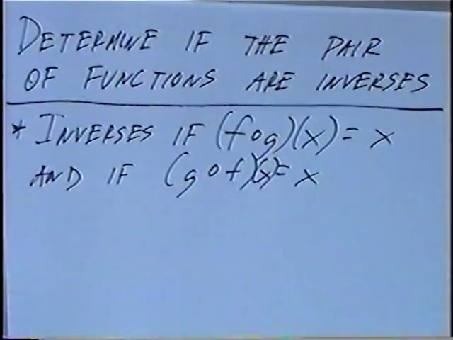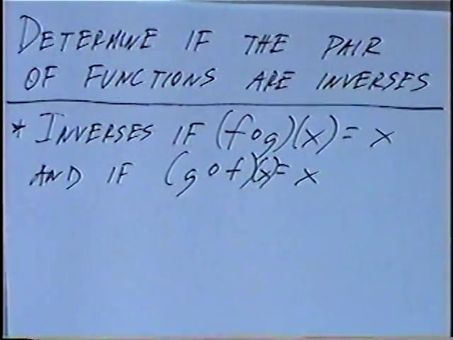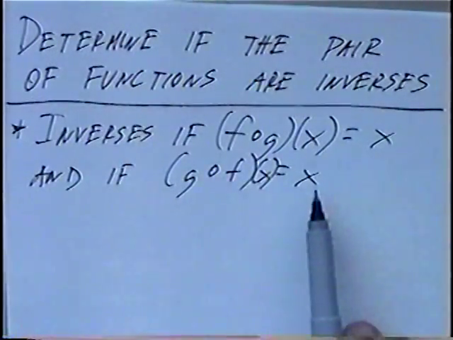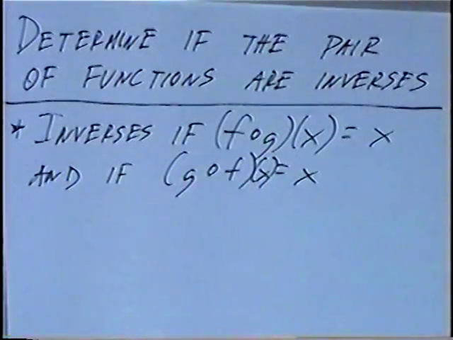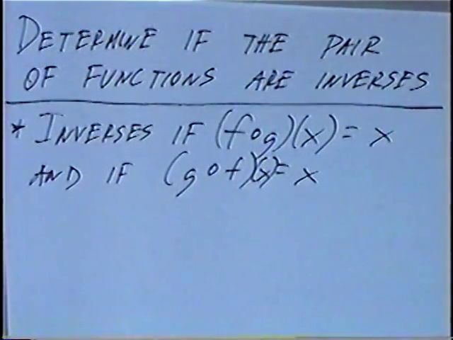So for the section, if you take both compositions of the two functions, if they're both equal to the x value, just a single x, then they are inverses. If one or both is not equal to x, then they're not inverses.